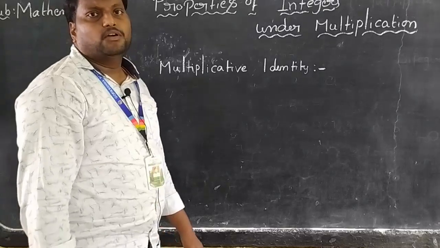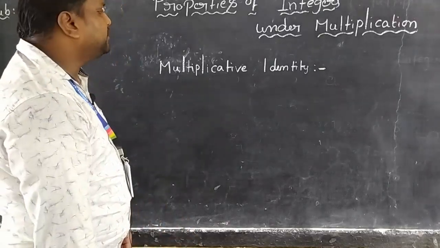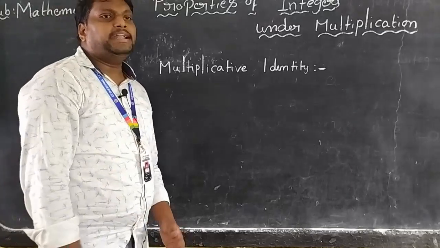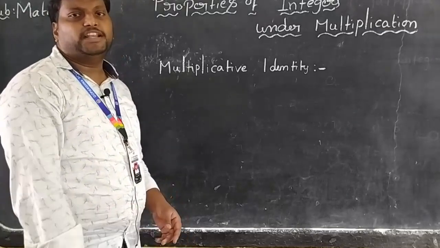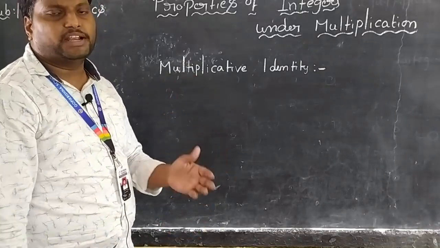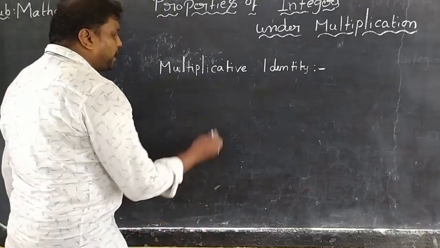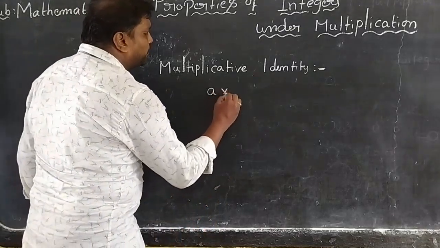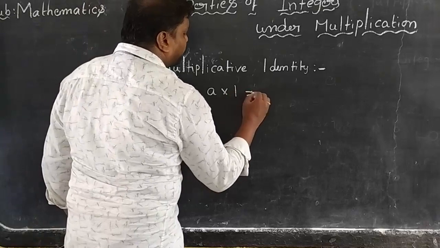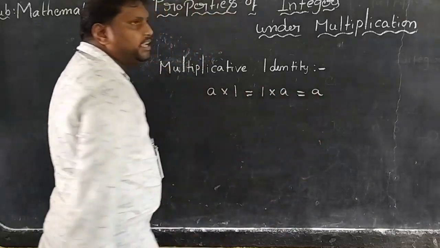In earlier classes, we discussed additive identity. Additive identity is nothing but adding any number to an integer, we get that same number itself. Like that, multiplicative identity means, for example, I am taking an integer a, multiplied by 1, or 1 into a, the answer will be a only.